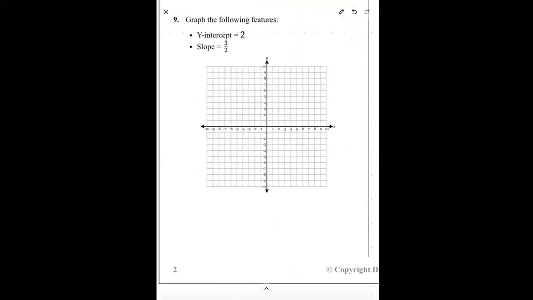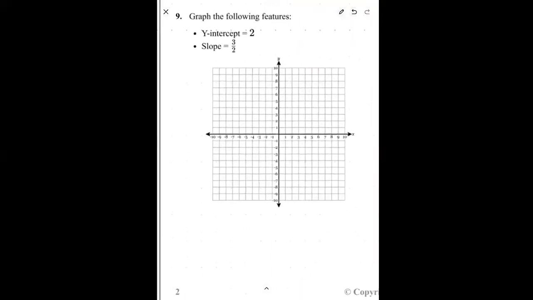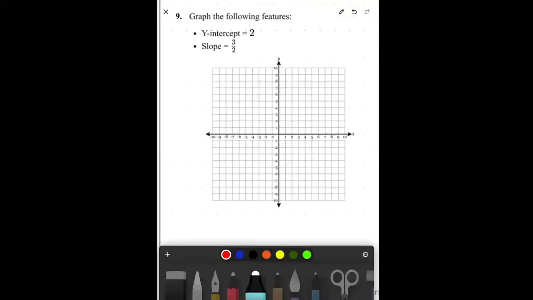Let me make this a little larger so you can see it. Now, this one, again, they've given us the y-intercept, but they've also given us the slope. So you always start by going to the B, or the beginning term that they gave us, the y-intercept. So we're going to go to 2 on the y-axis, and we're going to put a nice dot there to indicate that.